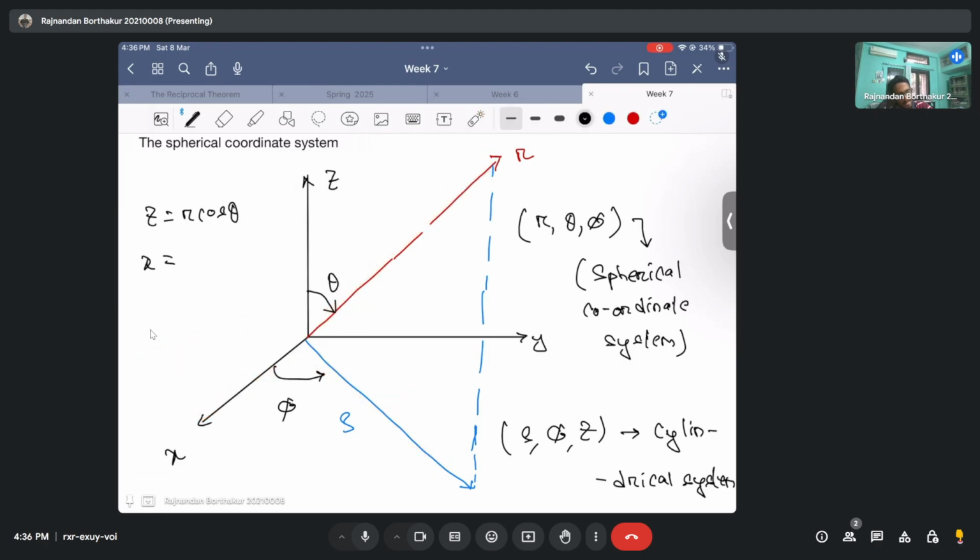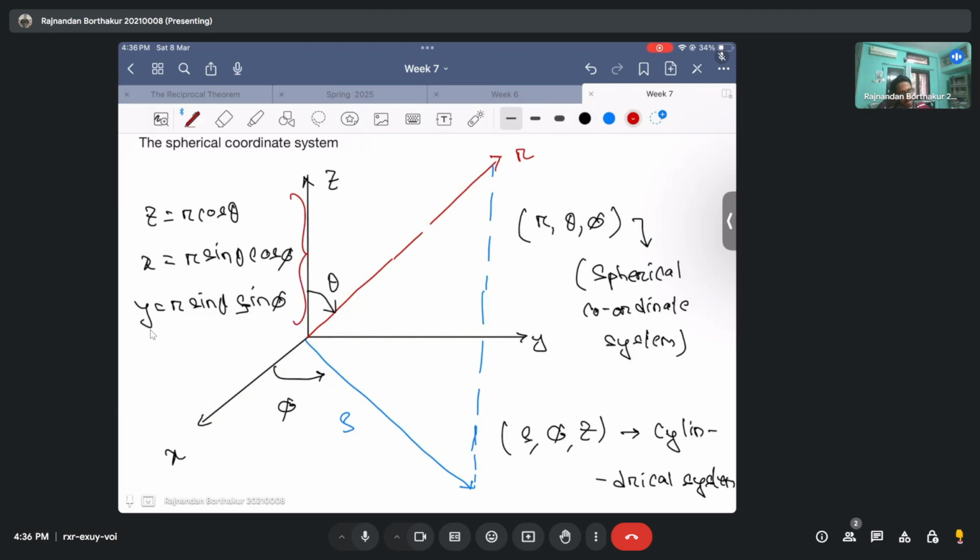This is the conversion link from my spherical to Cartesian system. Similarly, I can show that y is nothing but r sine theta sine phi, which can be easily interpreted because this is r sine theta and this now becomes r sine theta sine phi.